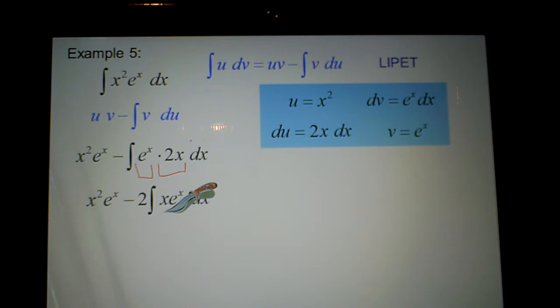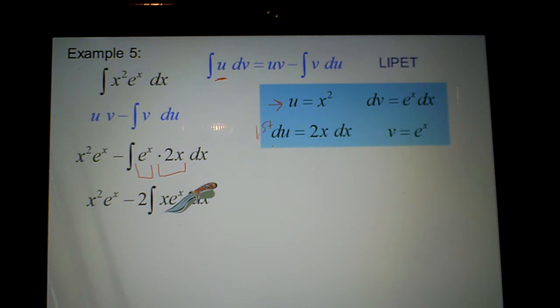Now remember at the very beginning when I told you that a good choice for u is something that can differentiate to 0. Remember first, second, third derivatives? Look at my original u. It's x squared. The first derivative is 2x.